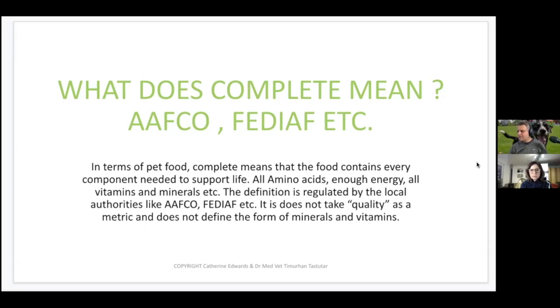I mean, you can take the carrots from the junk that was thrown out from the supermarket and put them in the food. They don't care about that. That's still carrot, all good. And the vitamins and minerals, they don't care how bioavailable they are. As long as the numbers fit, it's all accepted.